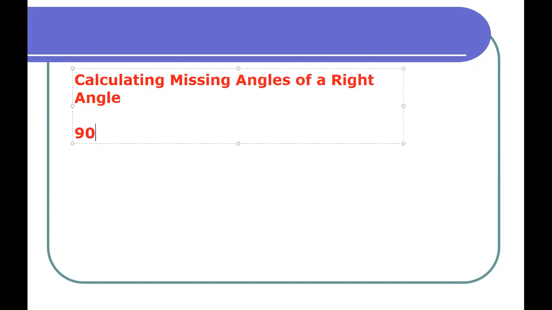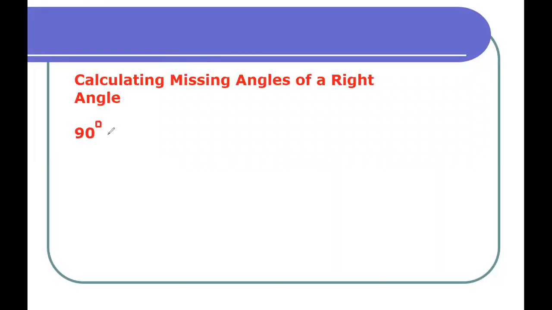We need to use 90 degrees to find the missing angle, so we subtract from 90.